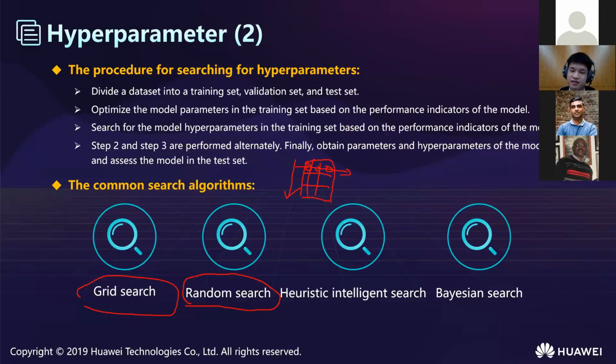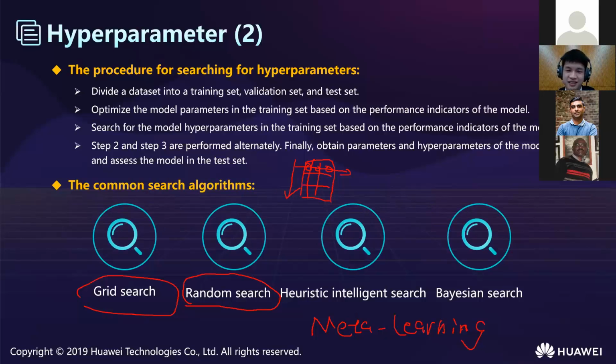And in deep learning, the neural networks, there are lots of hyperparameters, and we can use meta learning to train another neural network to find the group of hyperparameters.